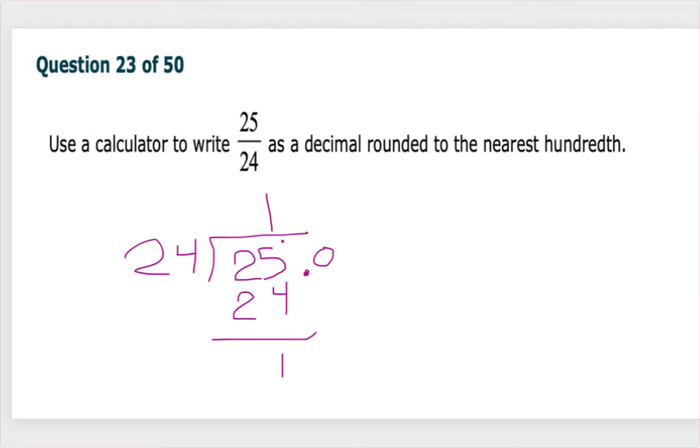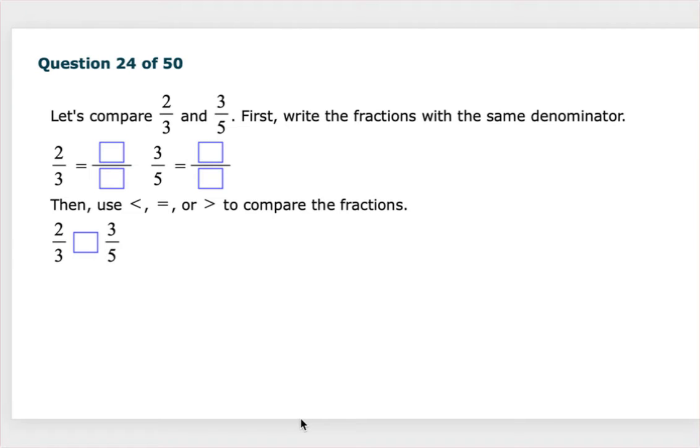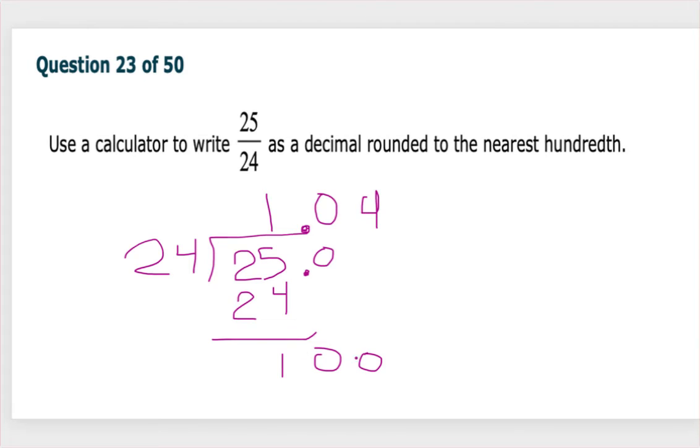And since we have no decimal over here, our decimal is going to go right above the decimal there. Now we're just going to bring down the 0. 24 into 10 does not go, so we'll put a 0 right there. And we'll bring down another 0. 24 into 100 is going to go 4 times. 4 times 24 is 96.